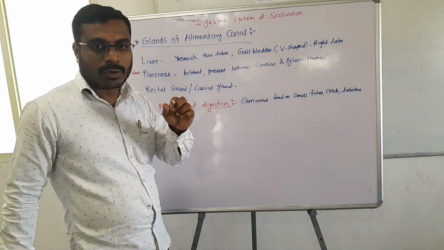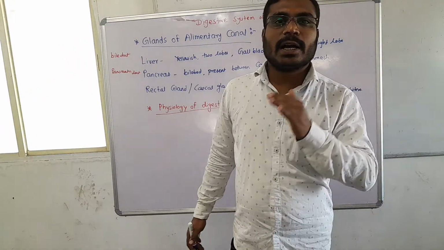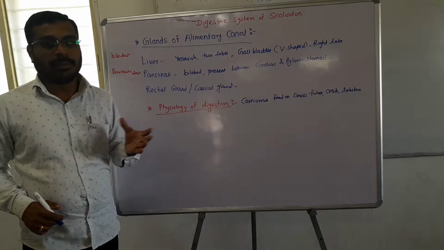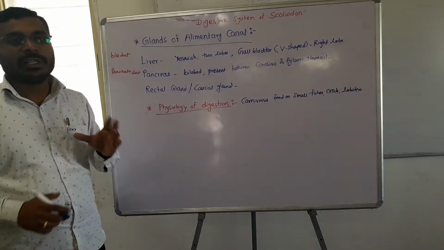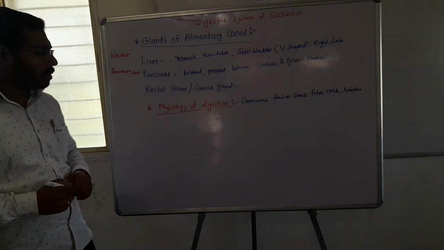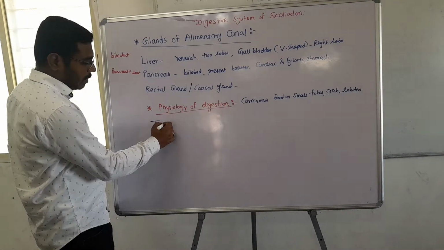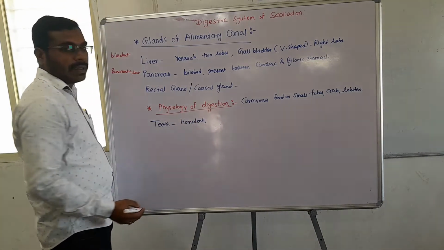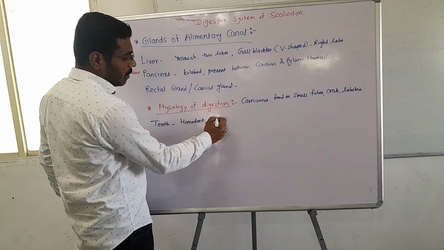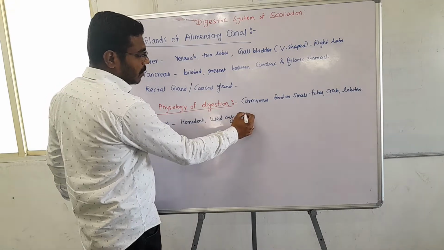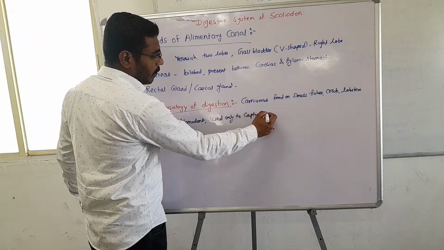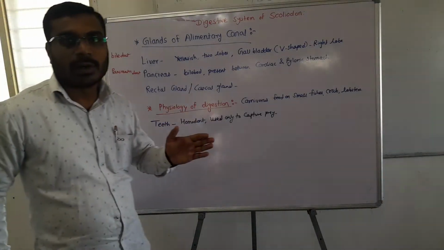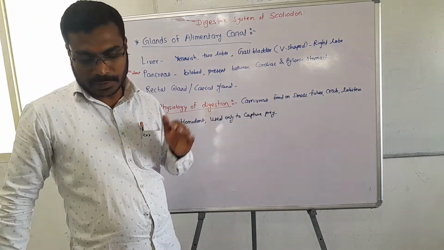One row in each jaw is used at one time, and these teeth are used only for capturing the prey and not for chewing or mastication of the captured food.